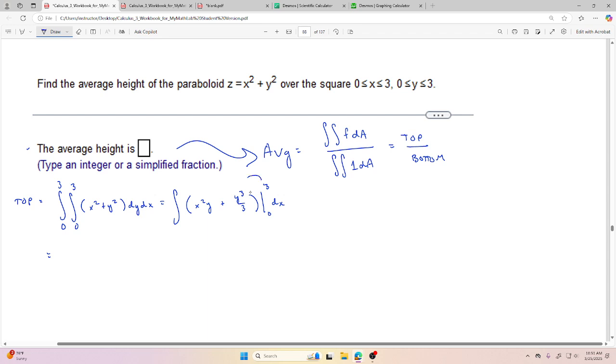0 would cancel everything, so we're just going to plug in a 3. You're right, that makes it easy. And then I have to integrate for x.